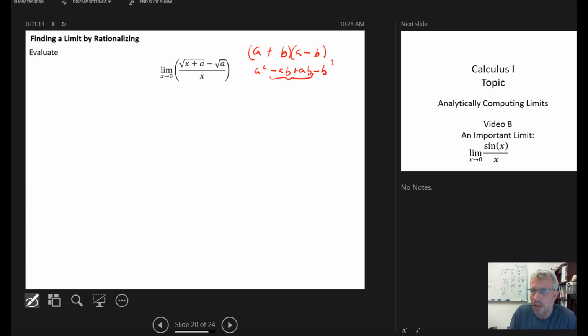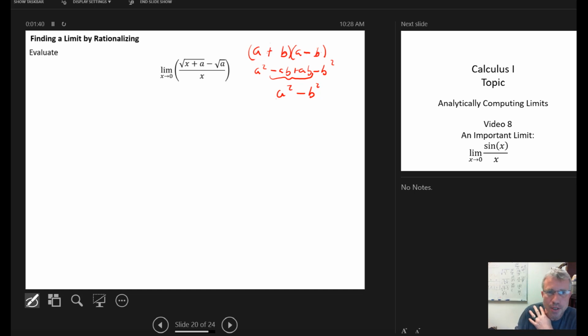We get minus ab plus ab is 0. We wind up getting just a squared minus b squared. So the shortcut is when we're multiplying two terms that are conjugates of each other, the same two terms, one separated by plus, one separated by minus, we can just multiply a times a, and then minus b times b. We get a squared minus b squared.